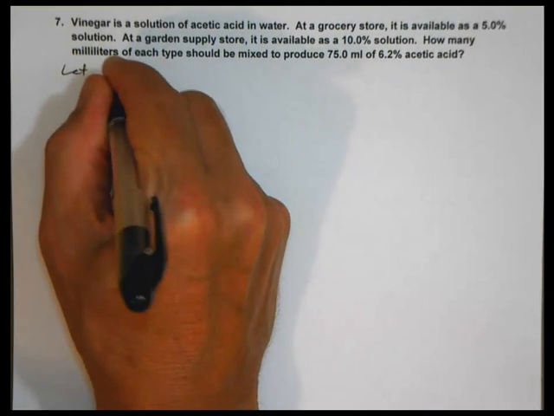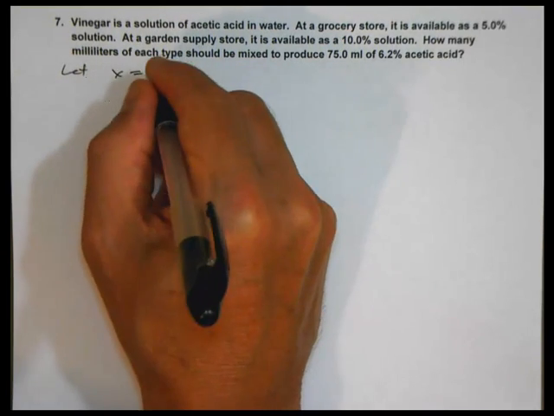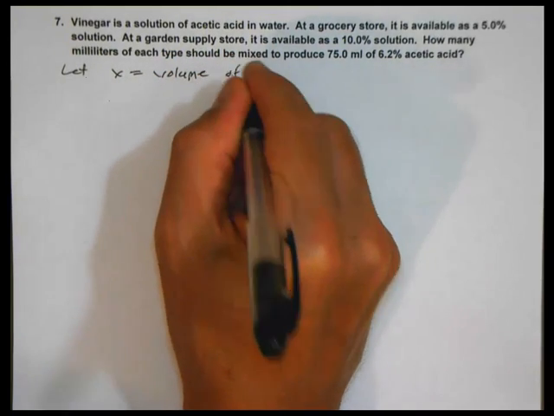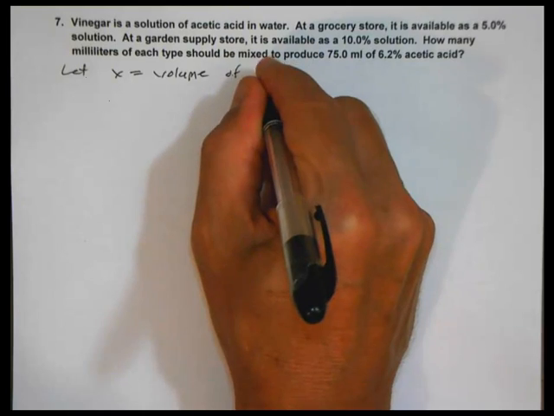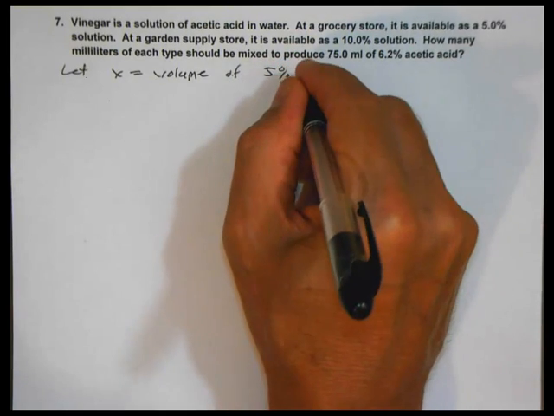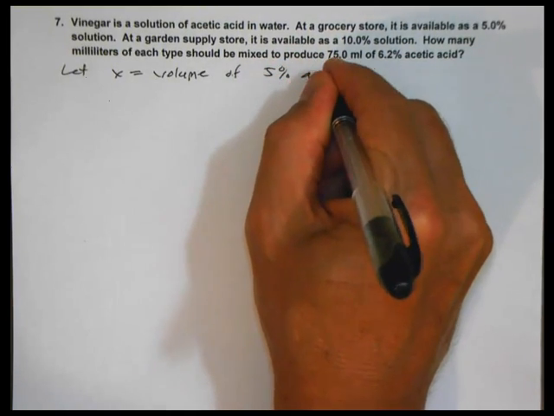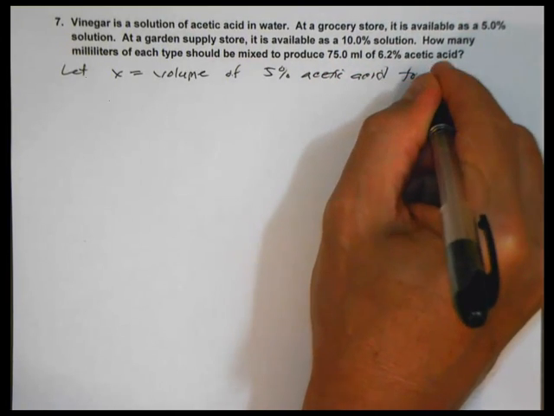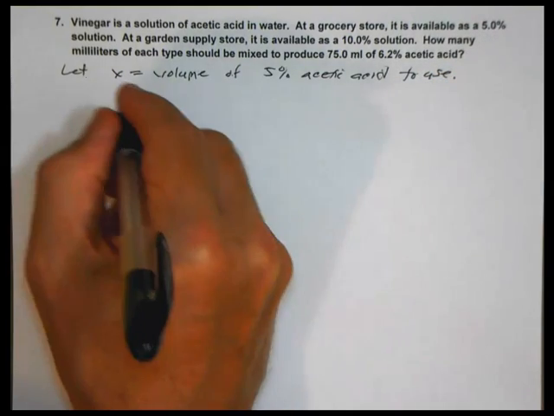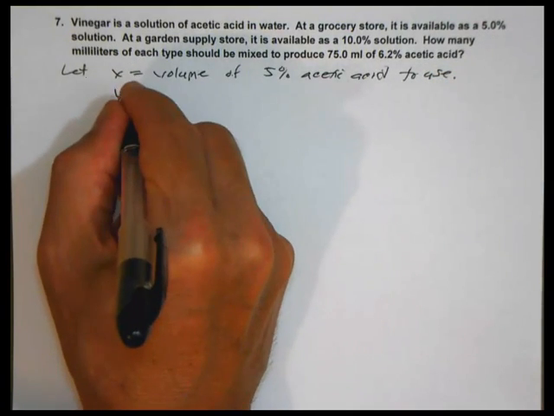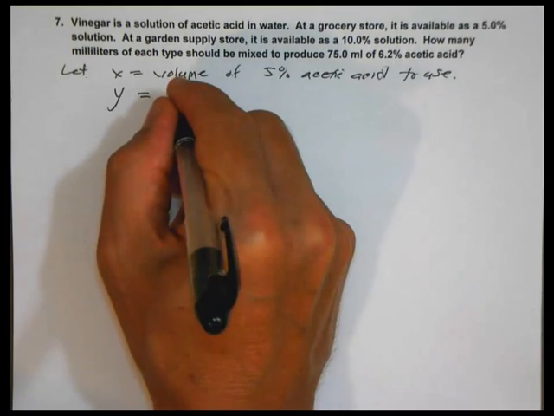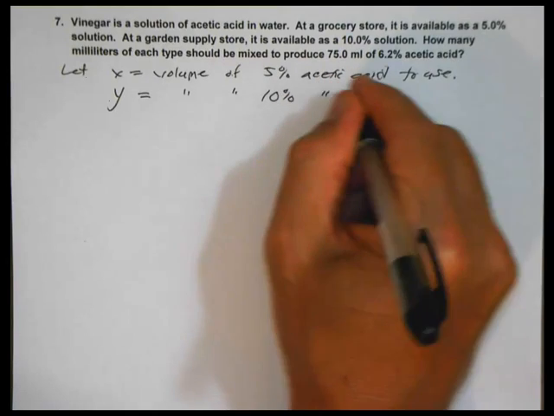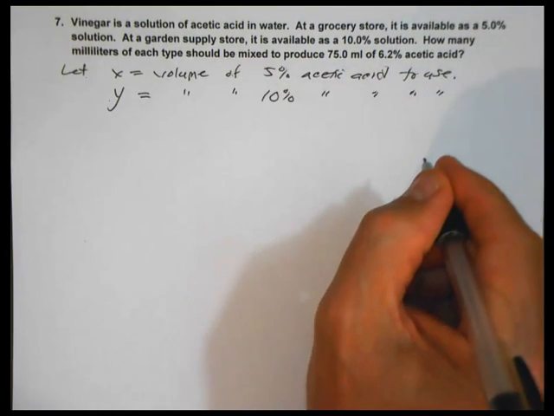Let x equal the volume of 5% acetic acid to use, and then we can define y to be the volume of 10% acetic acid to use.